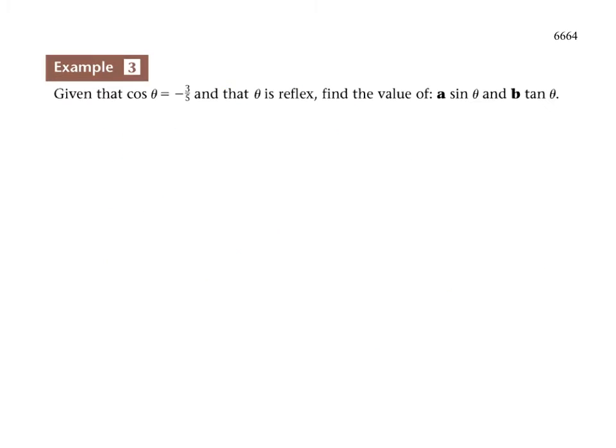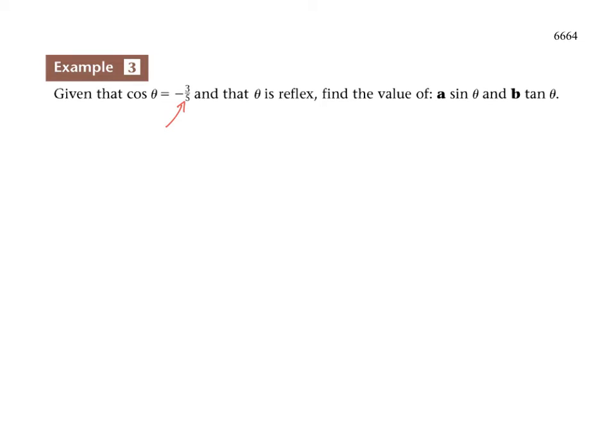Next example, example 3. Given that cos theta is minus 3/5 and that theta is reflex, find the value of A, sine theta, and B, tan theta. The key thing here that we used in chapter 8 was the sign of the actual ratio.